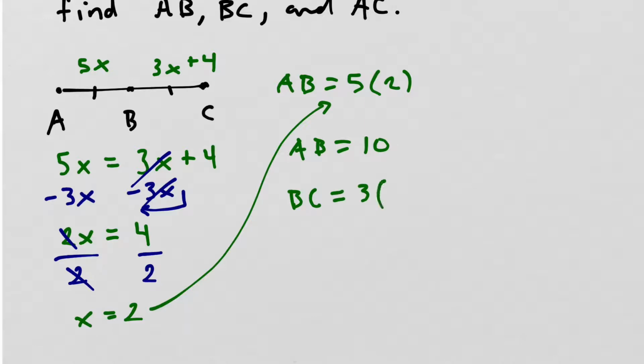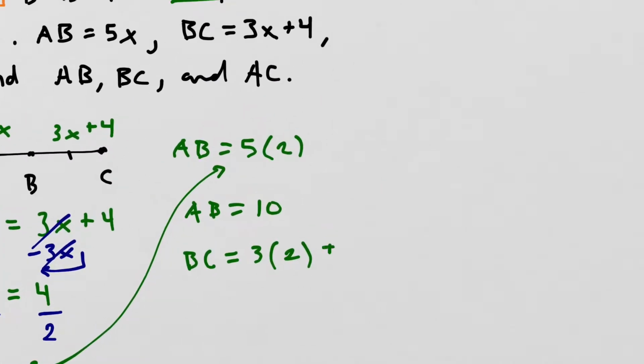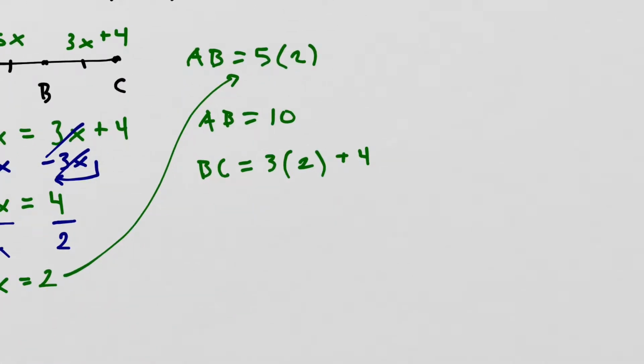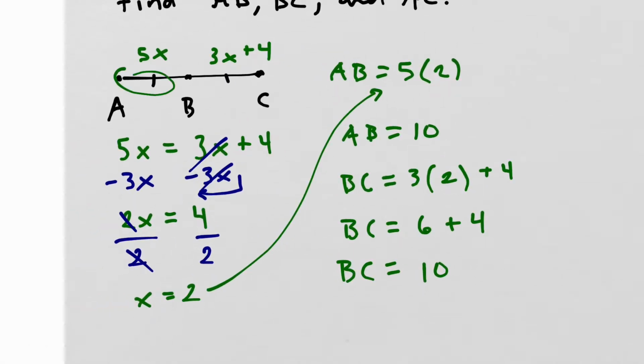Instead of writing x, I'm going to write 2 because that's what x is. 3x and then plus 4. So BC equals 6 plus 4. BC equals 10. Of course, it should equal 10 because we said those were the same. I actually didn't even need to solve that last one.